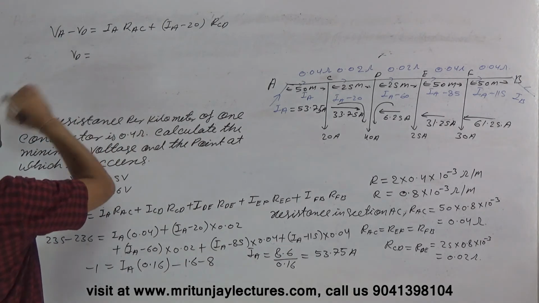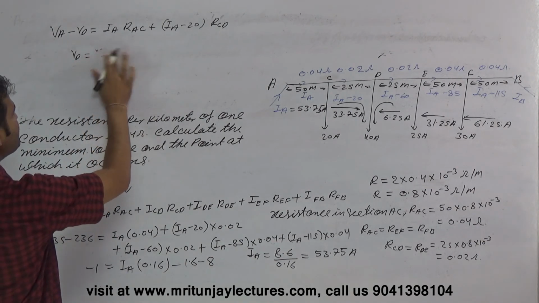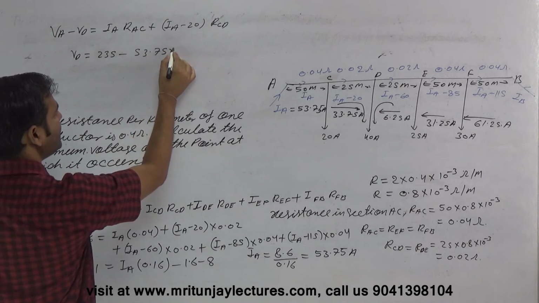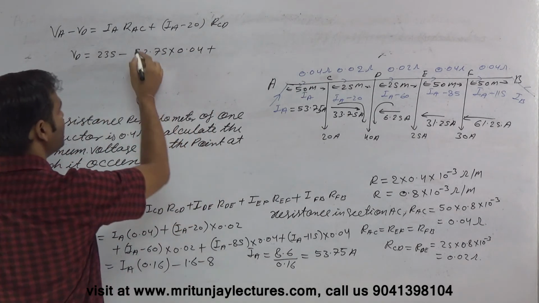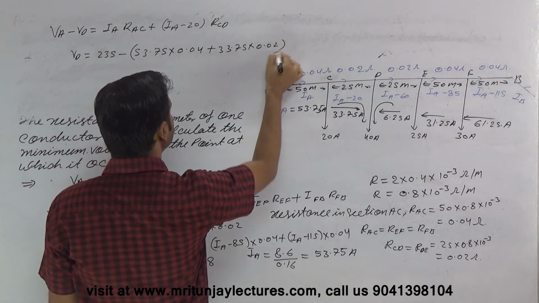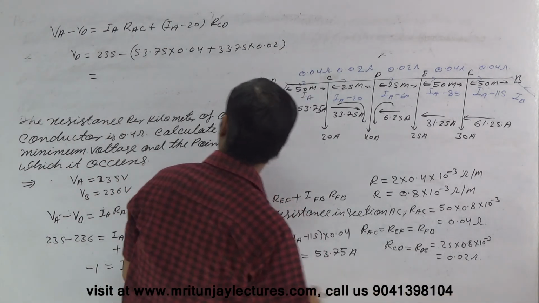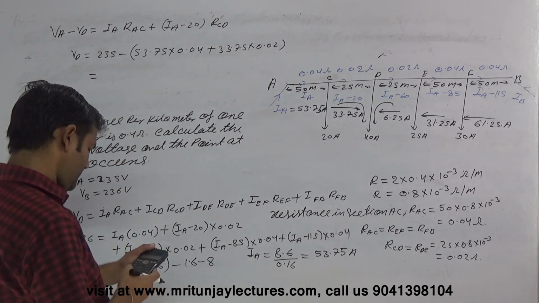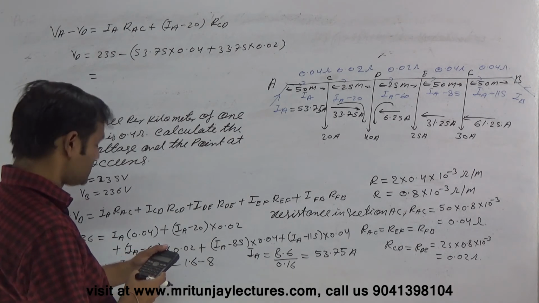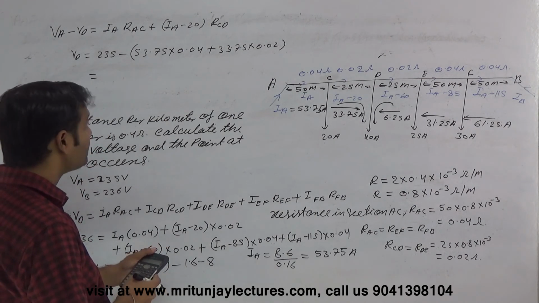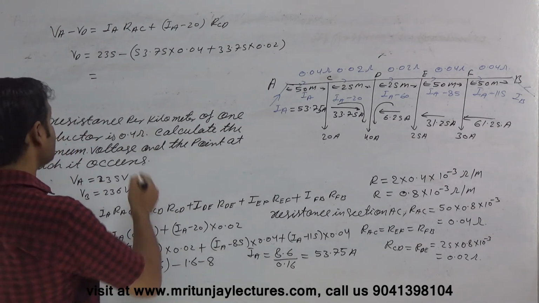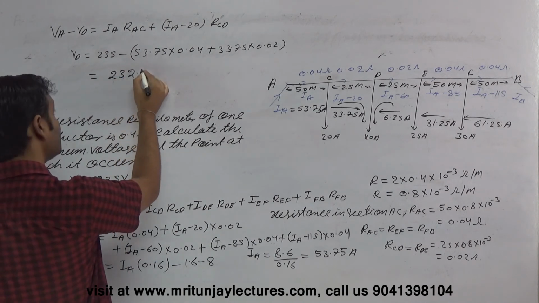So VD is 235 minus 53.75 into 0.04 plus 33.75 into 0.02, that is 232.175 volt.